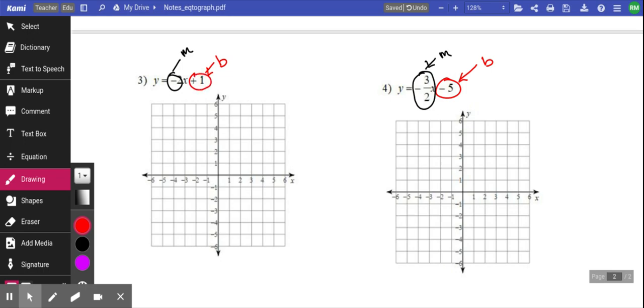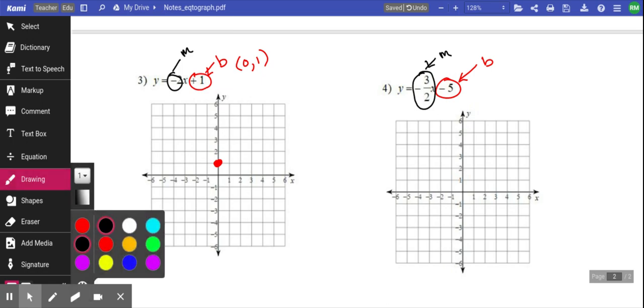Oh, it is a positive. Okay, positive 1. Remember, this could be written as (0, 1), and that would be right here. That's our b or our y-intercept, and now we have to move. Now this says -2. Remember, -2 is just -2 over 1.